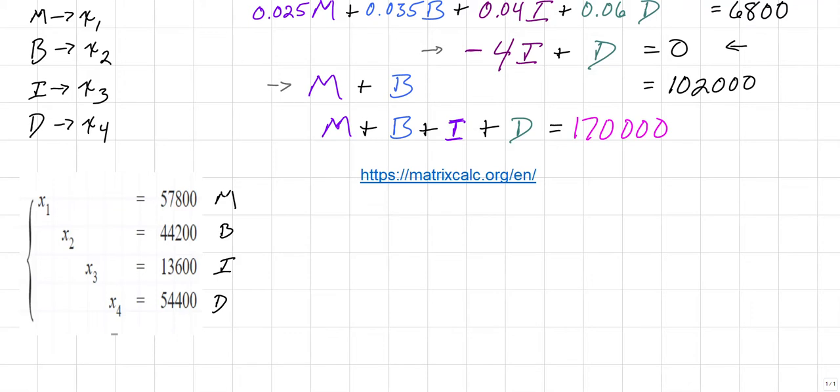But if she wants to get a $6,800 return, investing $170,000 into a money market account earning 2.5% interest, into a bond account earning 3.5%, investing in an international stock fund earning 4%, and investing into a domestic stock fund earning 6%, this is the breakdown.